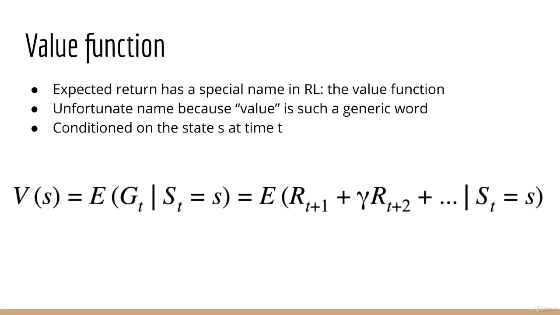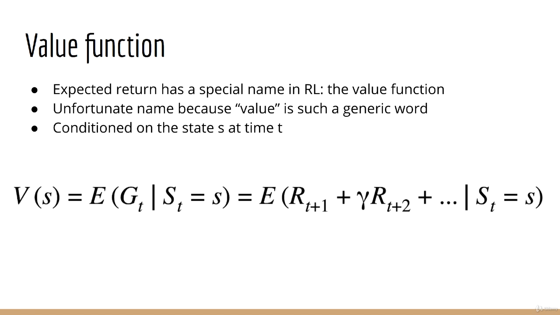The expected sum of future rewards has a special name in reinforcement learning. We call it the value function. I always mention that this is a very unfortunate name because the word value is such a generic word. Nonetheless, this is what it is called. Because the return is the sum of future rewards after we have arrived in some state, so too is the value function.